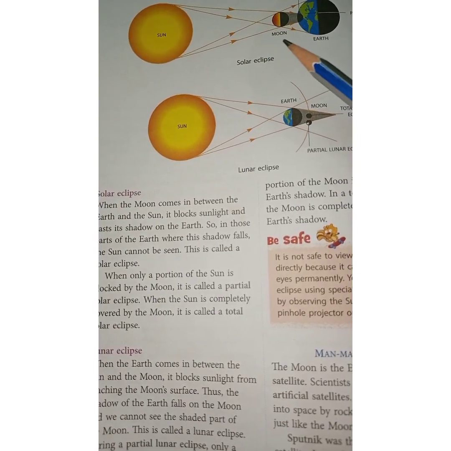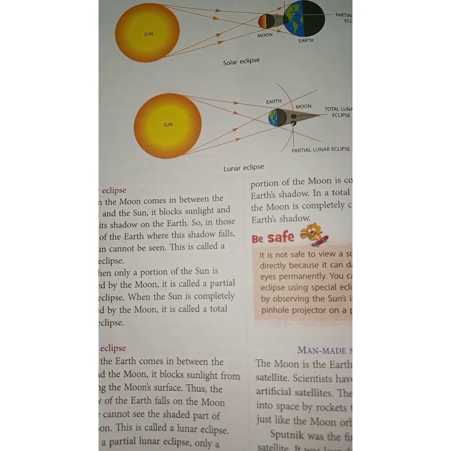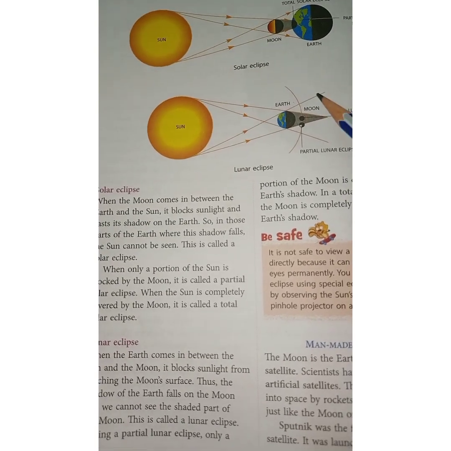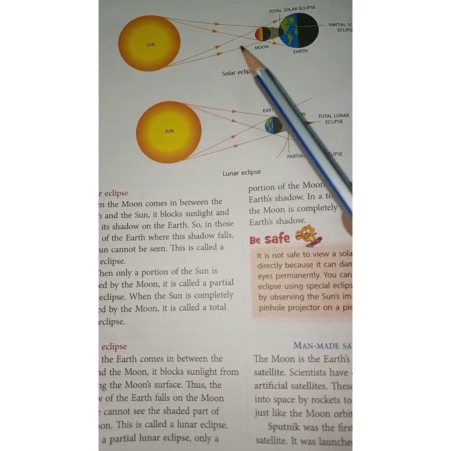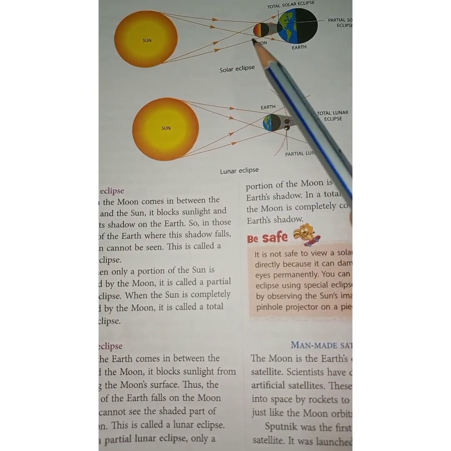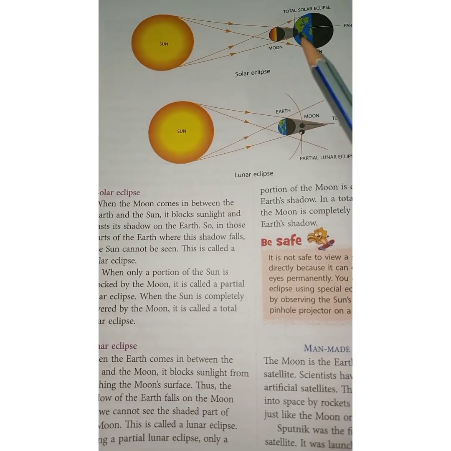When it is only partially covered, that is called a partial solar eclipse. When the sunlight is completely covered by the moon, it is known as the total solar eclipse.